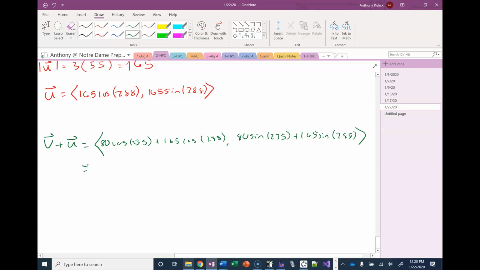When I type that into my calculator, I get 5.10, negative 222.46.